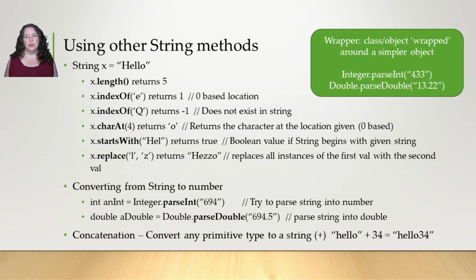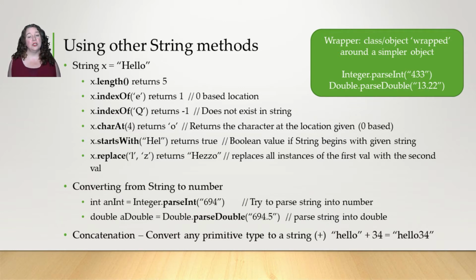Once we have those strings, we can use wrapper methods to convert from a string to a number. Again, it's up in the green up here. These are called wrapper methods, and these methods are off of the classes for what you're trying to convert them into. So Integer.parseInt, Double.parseDouble, Float.parseFloat.